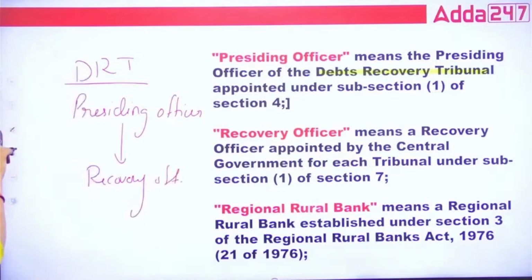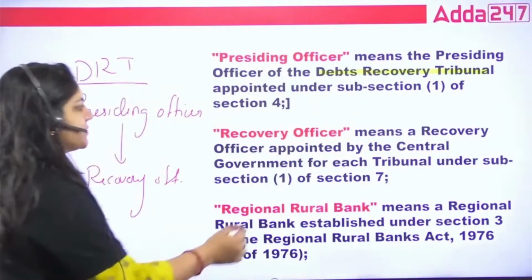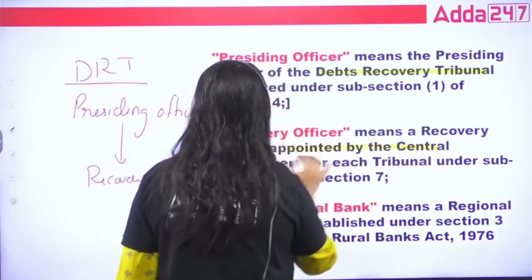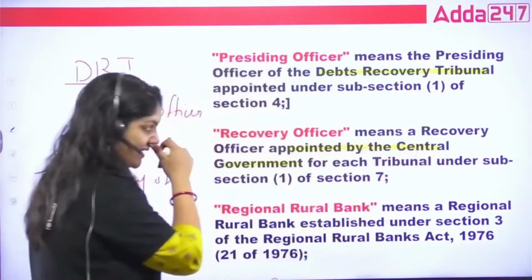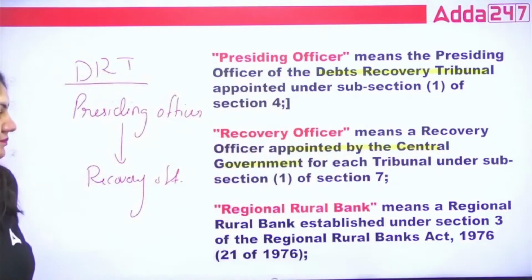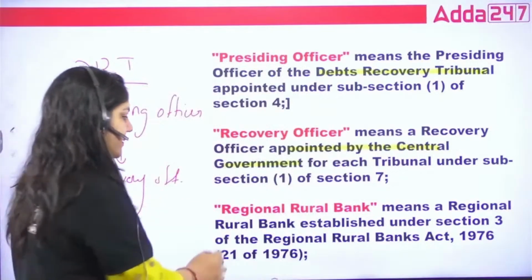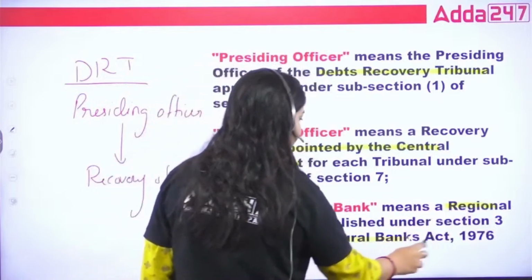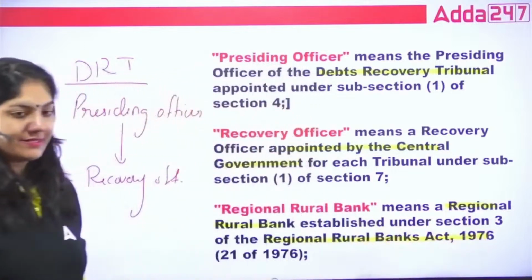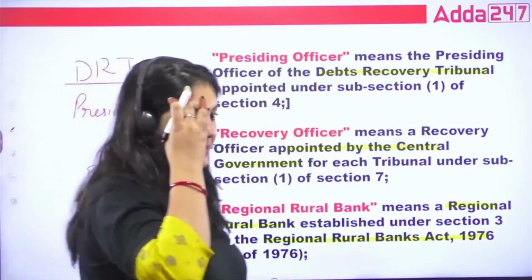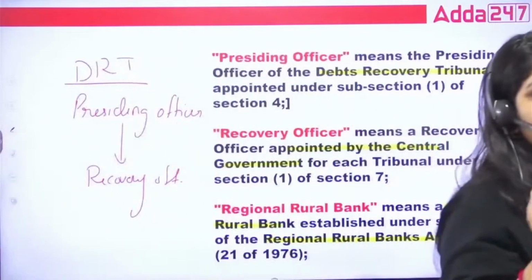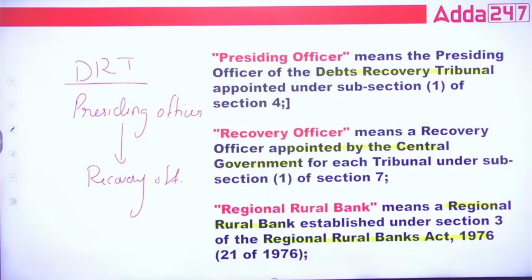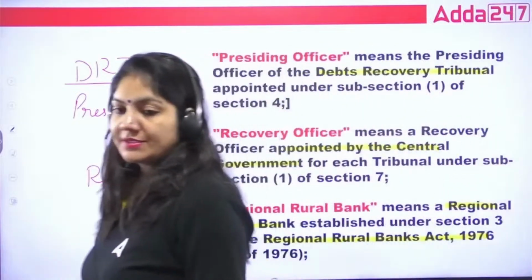Okay, this is important. Now, the recovery officer is appointed by the central government for each tribunal, that is, each DRT. What is an RRB? The regional rural bank established under the RRB Act 1976. That's it. So these are the definition terms of the DRT. That is important.